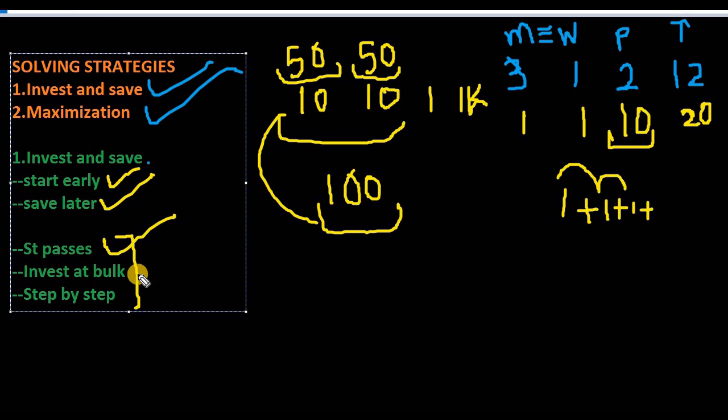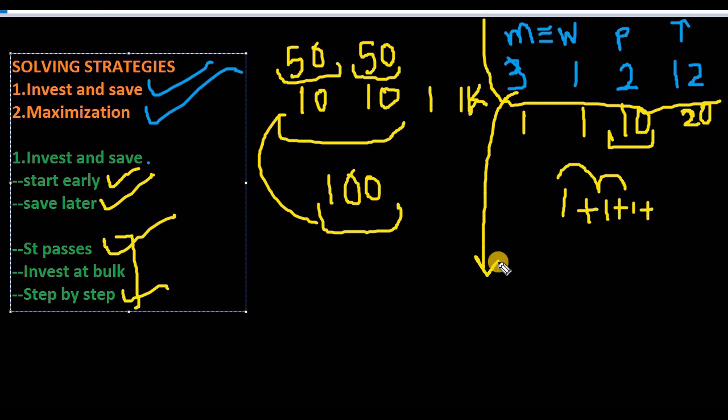After that, let's discuss what step by step is. Let's consider this example as well. So this was the given example. In this case, if you see, the first day's number of candies will be 3, right? We have 3 machines and 1 worker, so the number of candies produced will be 3, and our purchase power is 2. So that means I can only make 1 purchase. I can't even make 2 purchases, right?